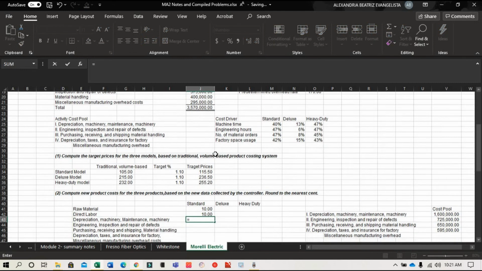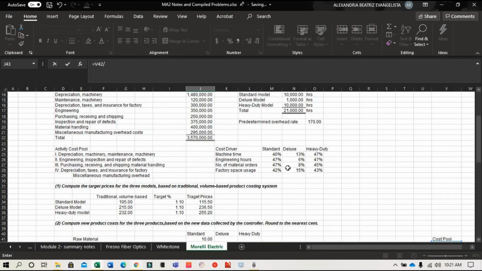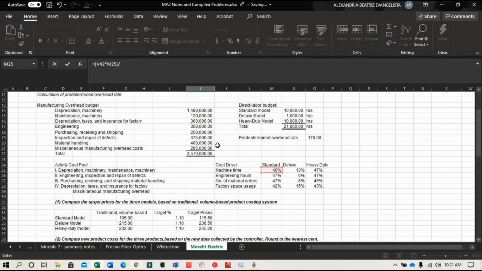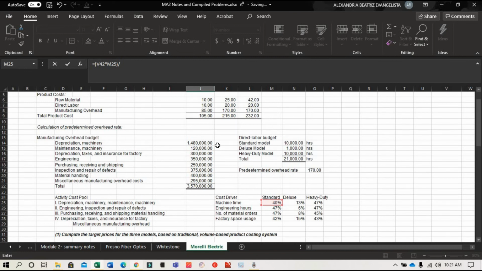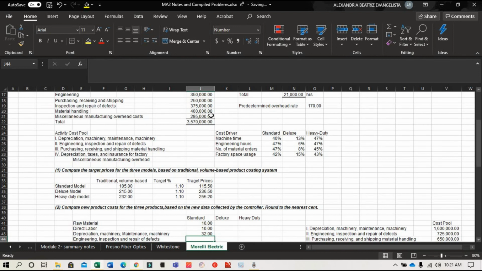And for the manufacturing overhead, for the first one, 1,600,000, let me put a parenthesis, 1,600,000 multiplied by 40%, divided by how many units? 20,000 for standard model, and that would give us 32.